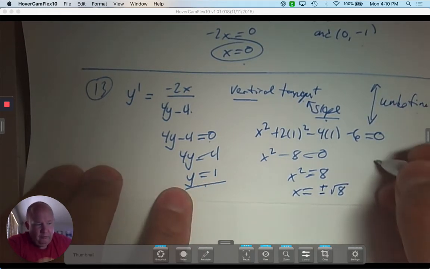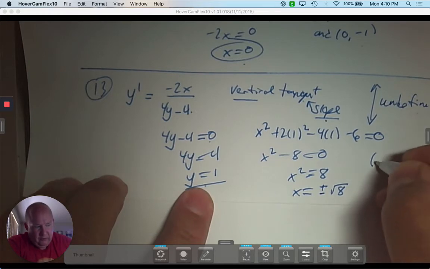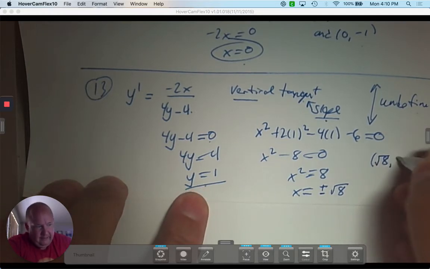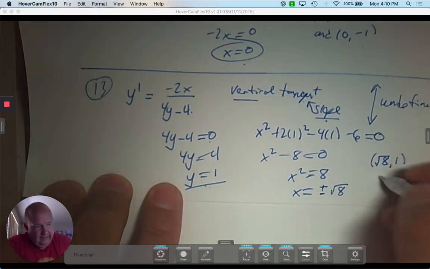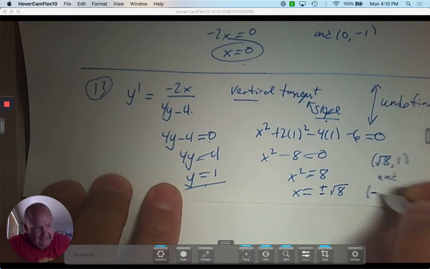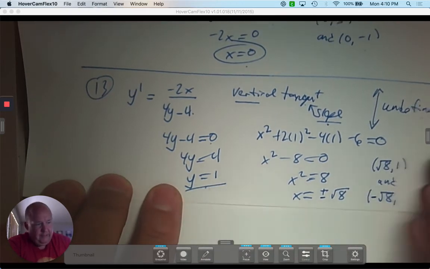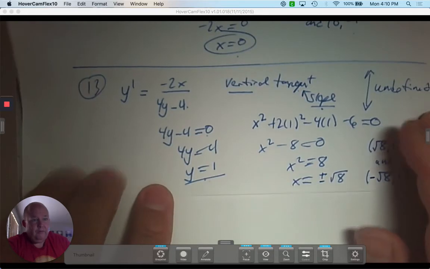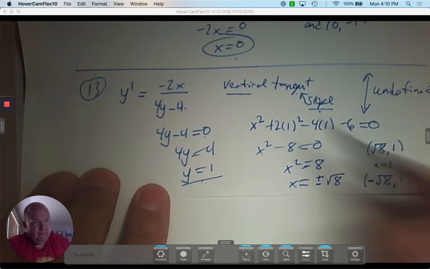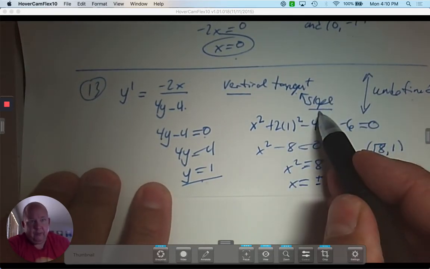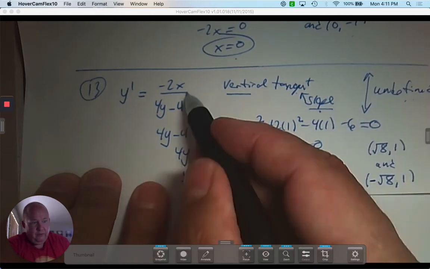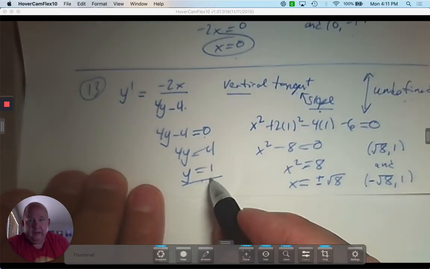So there are 2 points. The first point is positive root 8 and positive 1. And the second one is negative root 8 and positive 1. So at these points, we have vertical tangents, which means the slope is undefined. Here, what makes it undefined is when y is equal to 1.